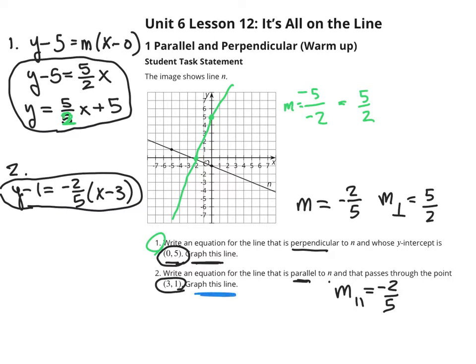Let's graph that in blue. So let's go to the point 3, 1. And the slope, negative 2, 5. Negative 2, 1, 2, 3, 4, 5. And it should be parallel to N. And it looks like it is. So this one is perpendicular, and this one is parallel.